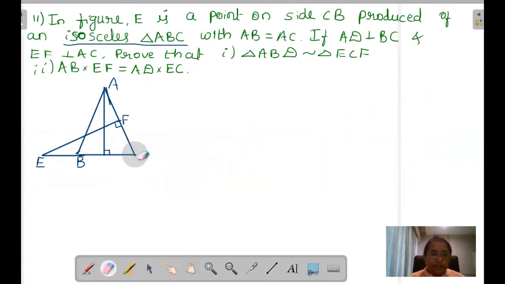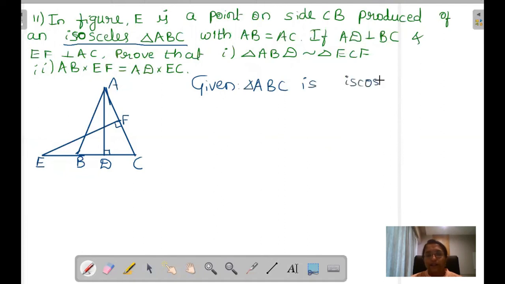This is C and this one is D. Triangle ABC is isosceles. What is an isosceles triangle? Two sides are equal. So AB is equal to AC. It is given.